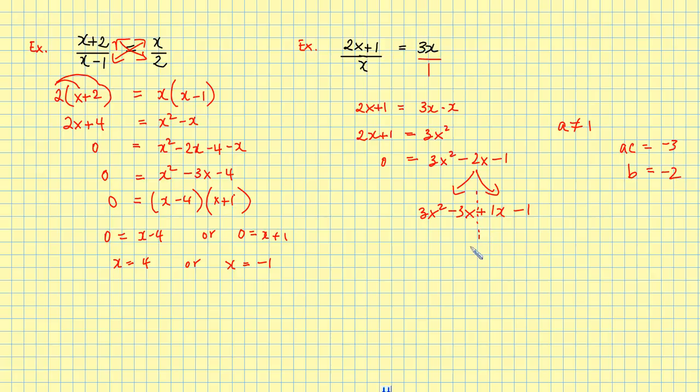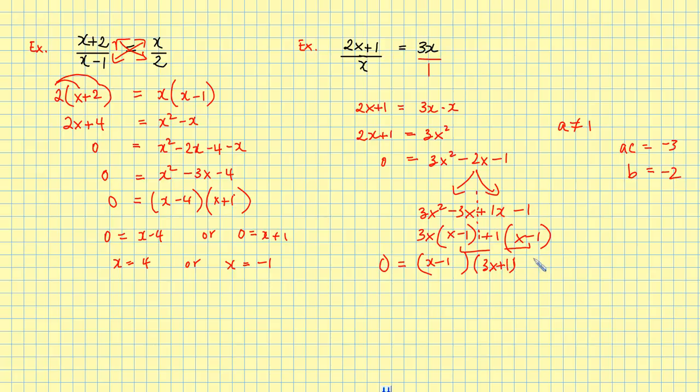I break this in half, I remove a 3x, and I'm left with x minus 1 plus 1 bracket x minus 1. So that our final answer is going to turn out to be, removing a common factor, remember these have to be identical, x minus 1 times 3x plus 1.